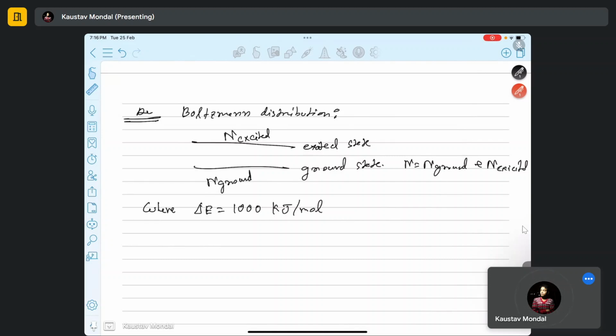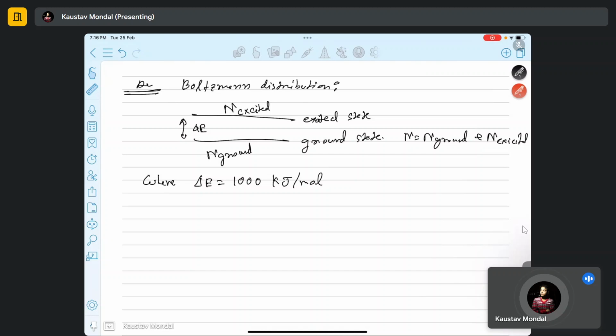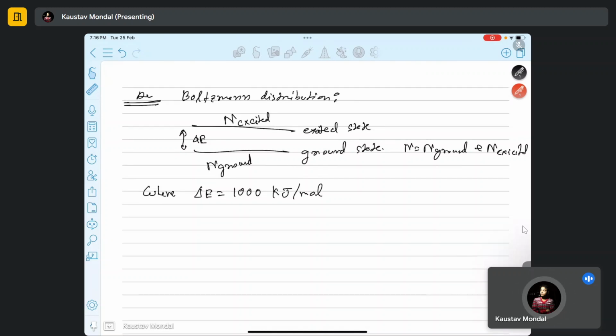So the energy interval between these two states will be basically delta E. Delta E is 1000 kilojoule per mole. Now, in case of a Boltzmann distribution, the ratio of n excited and n ground, the number of particles in the excited and ground state, is related by this formula, e to the power minus delta E by kBT.